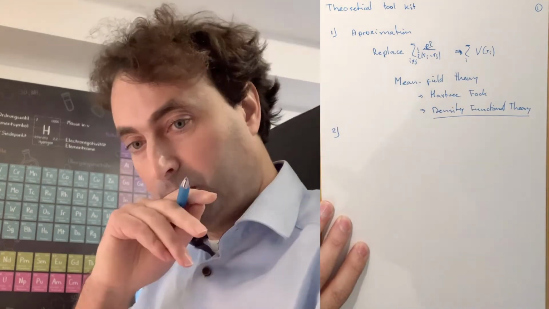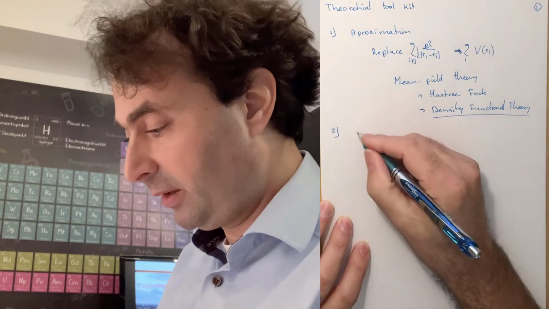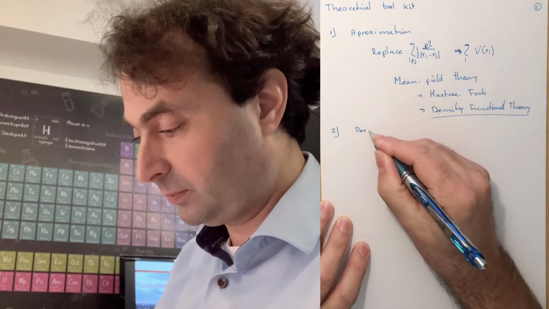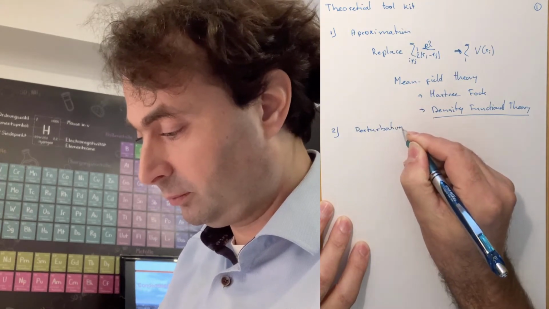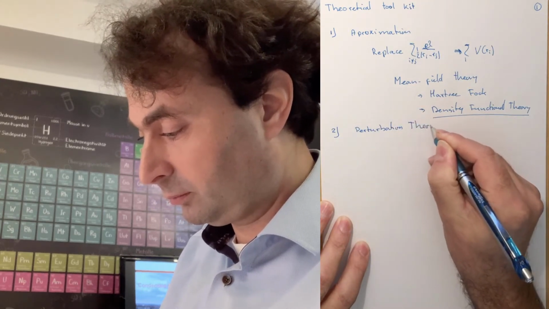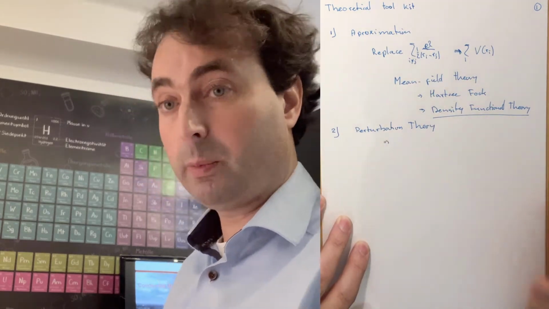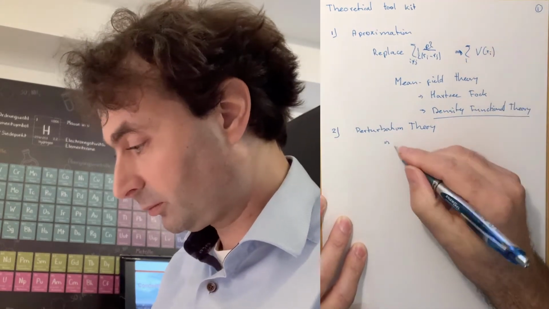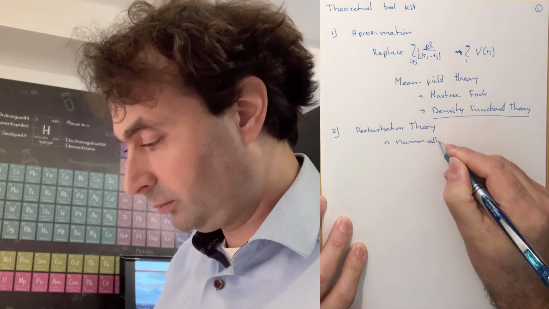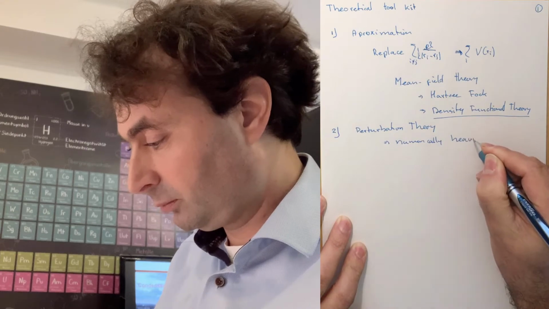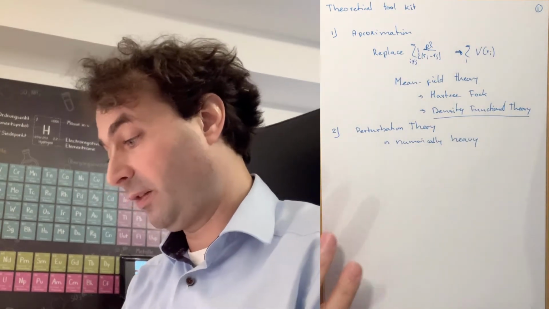Then what people tried is to start from your mean field theory and do perturbation theory. Well, it is numerically heavy, but that is not the biggest problem with perturbation theory.